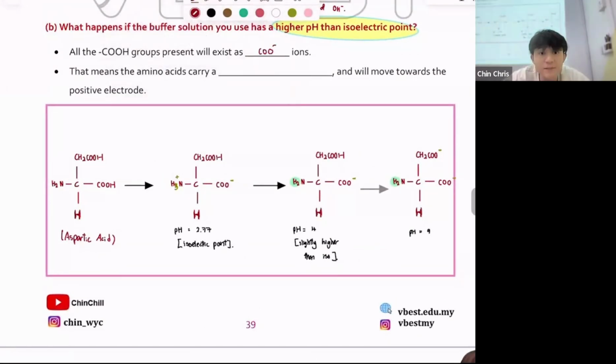This means that your amino acid carries a negative charge. Done. Clear?